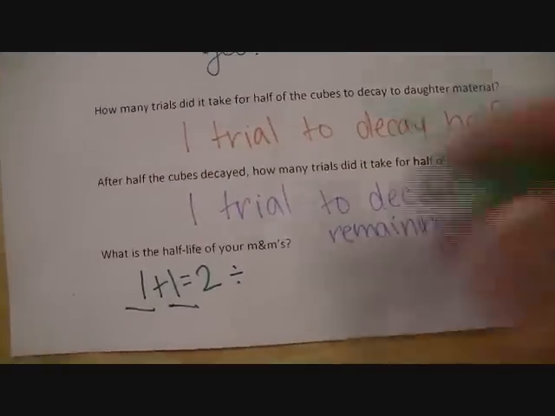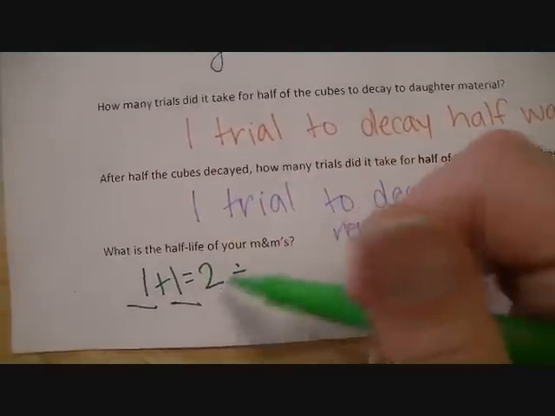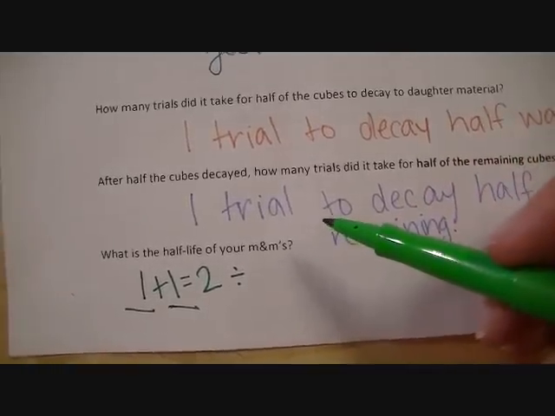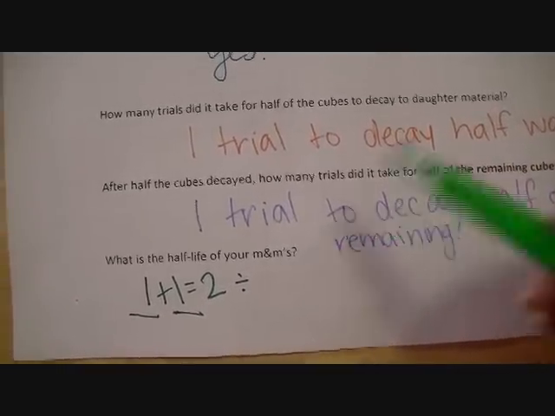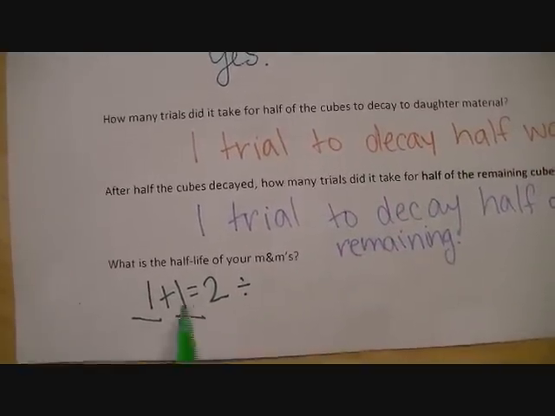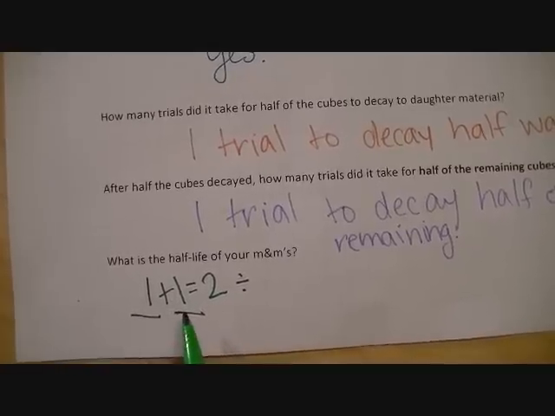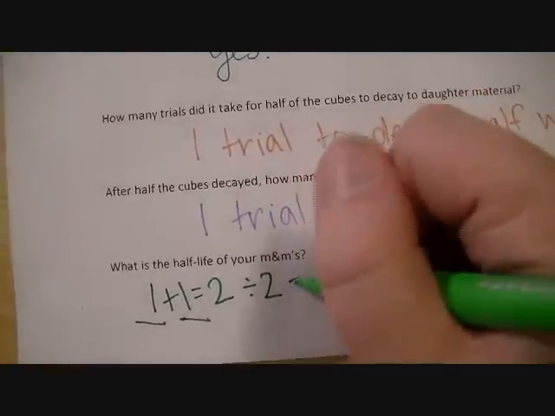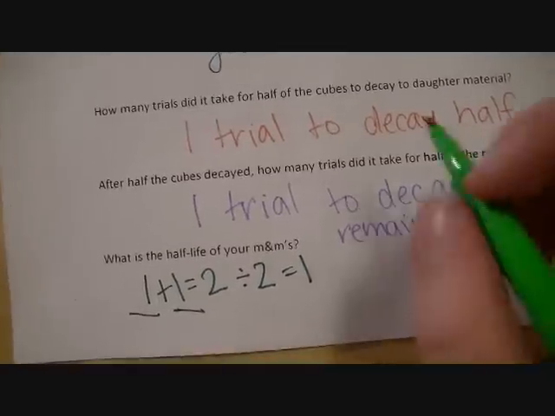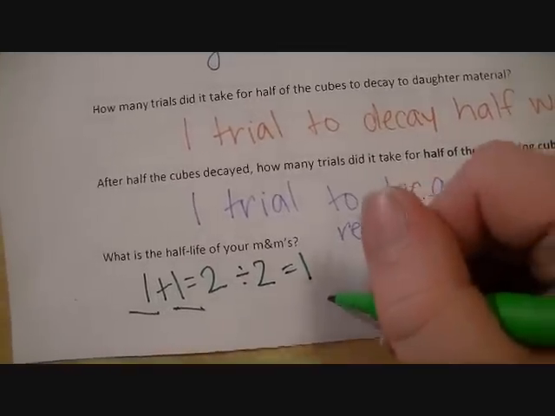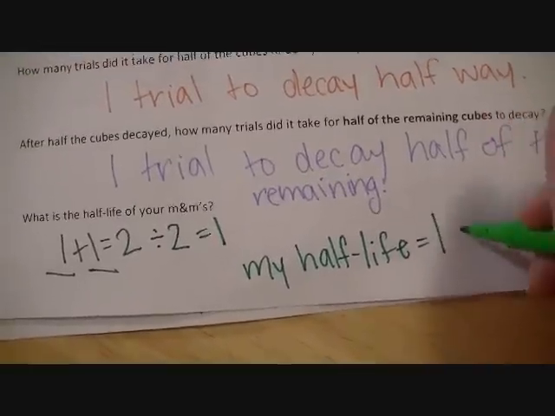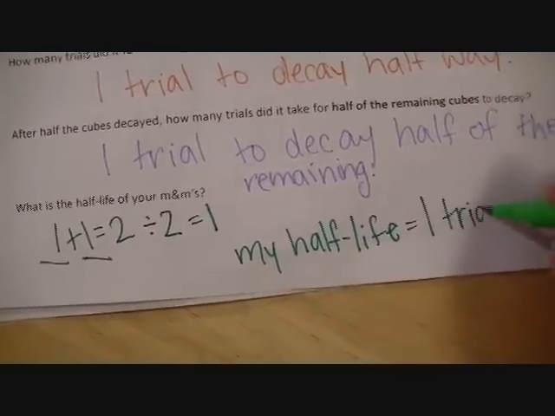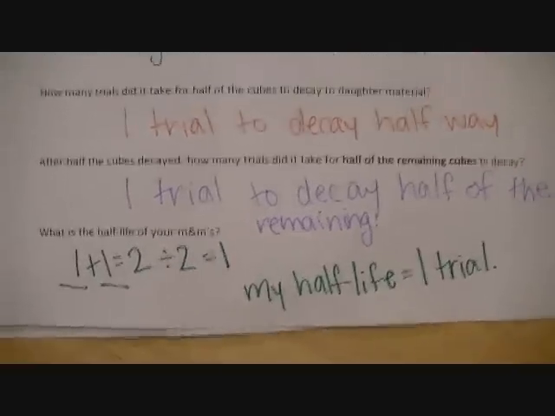So I take that 1 plus 1 and divide by the total number of numbers I have. So in this case I have 1, 2. And 2 divided by 2 equals 1. So my half-life equals 1 trial. And now I am finished.